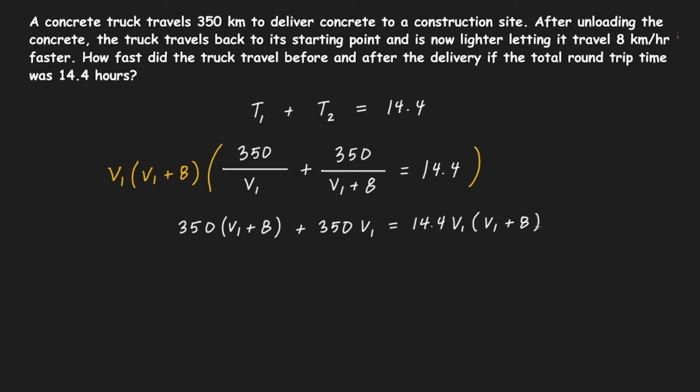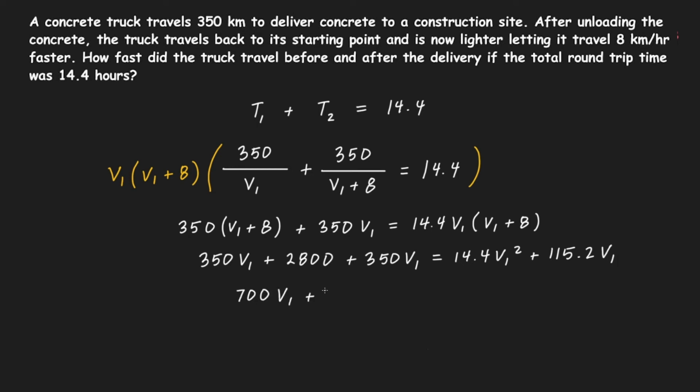And now, multiplying everything we can, we get 350 V1 plus 2,800 plus 350 V1 is equal to 14.4 V1 squared plus 115.2 V1. Now, combining the V1 terms on the left side, we get 700 V1 plus 2,800.